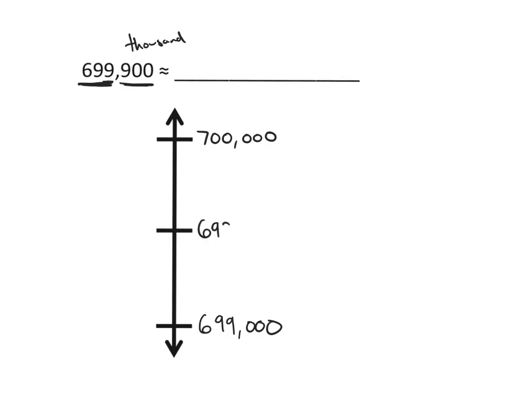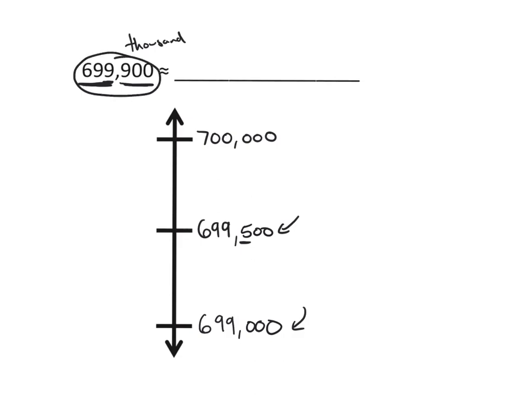In this case, that is 699,500. You may have noticed from all these problems that I've been using as examples in this lesson that the midpoint is simply the lower limit of the vertical number line, except with a 5 in the hundreds place.